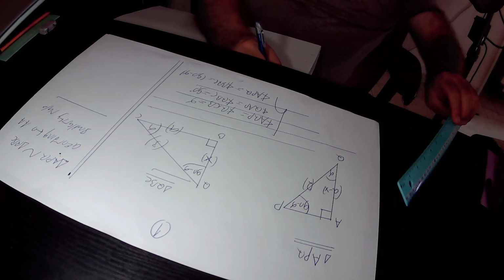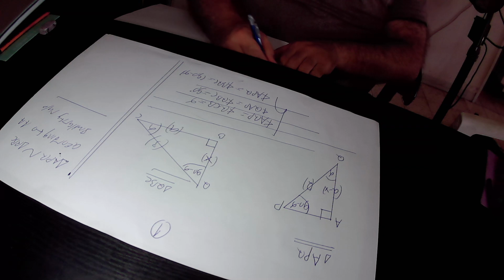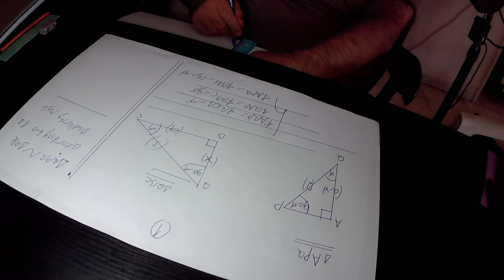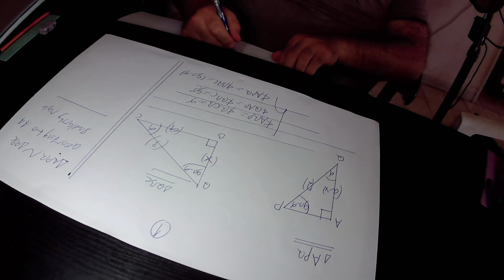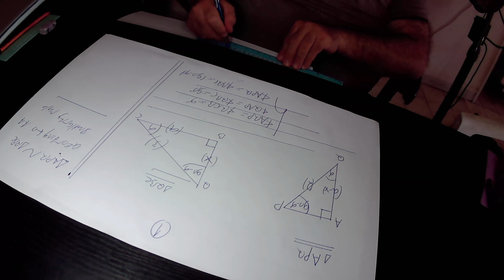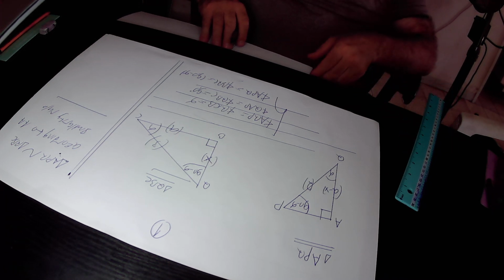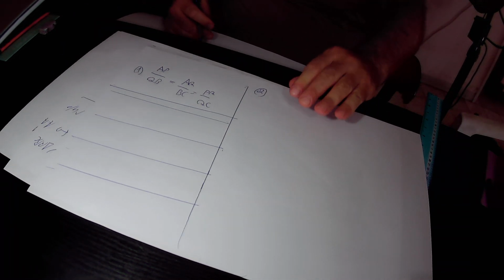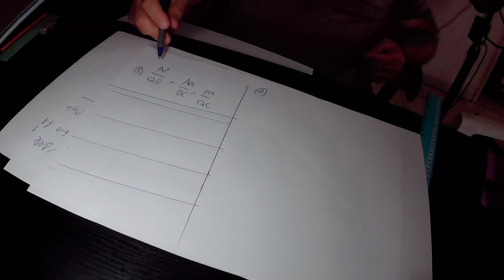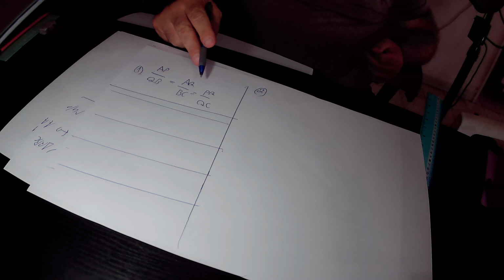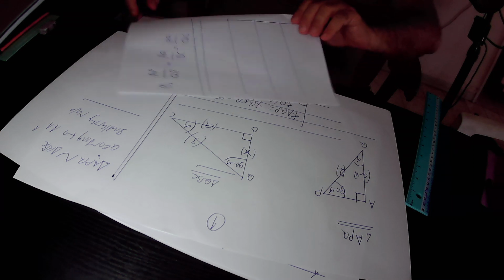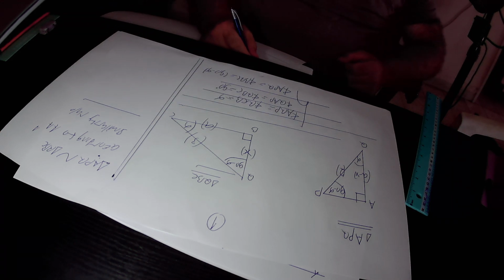So according to equation 1, AP over QB equals AQ over BC equals PQ over QC. AP is the missing side, so we leave it as it is, over QB.